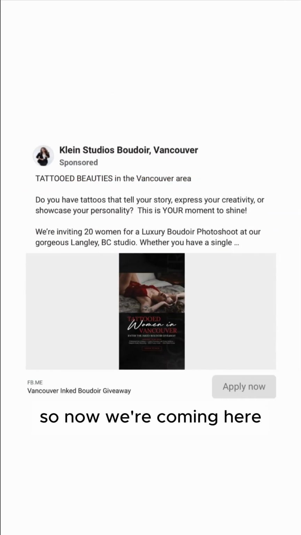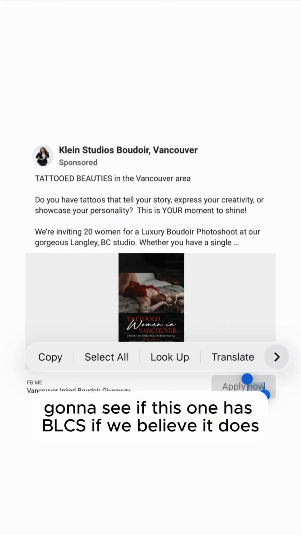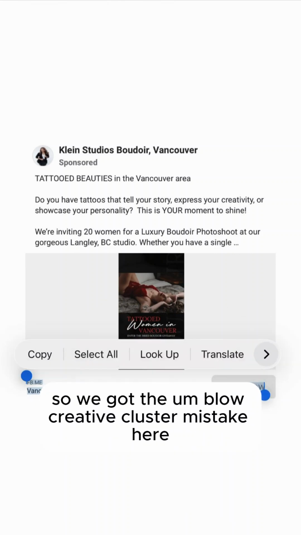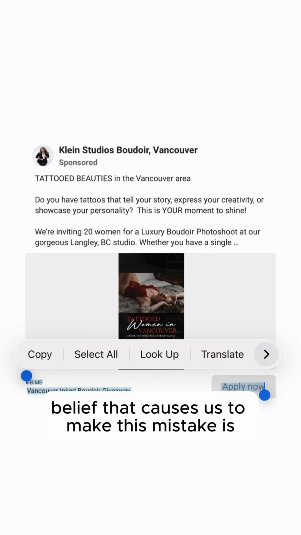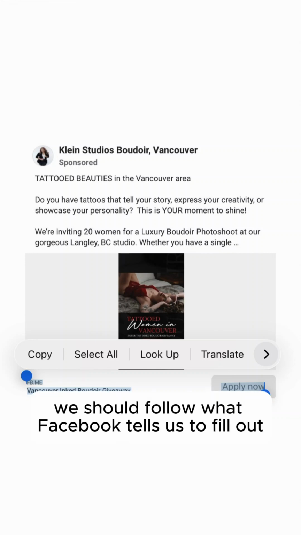So now we're coming here. Gonna see if this one has BLCS or if we believe it does. So we got the below creative cluster mistake here. The false belief that caused us to make this mistake is that we believe we should trust, we should follow what Facebook tells us to fill out.